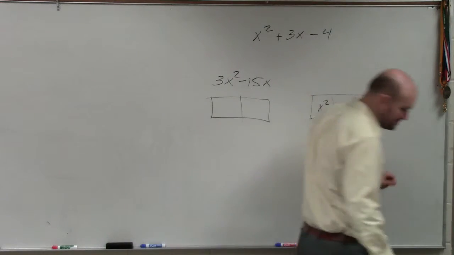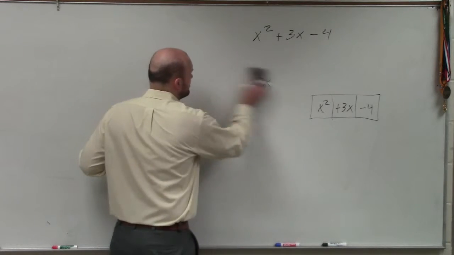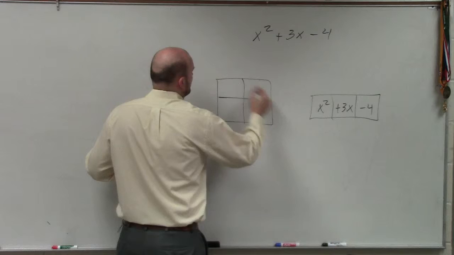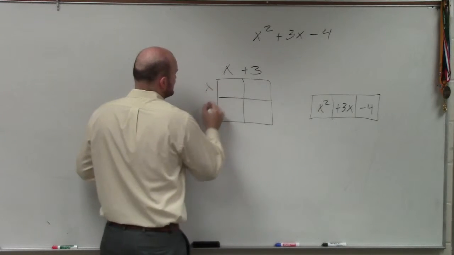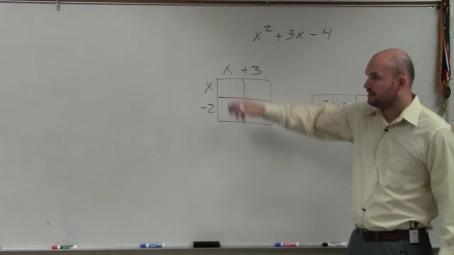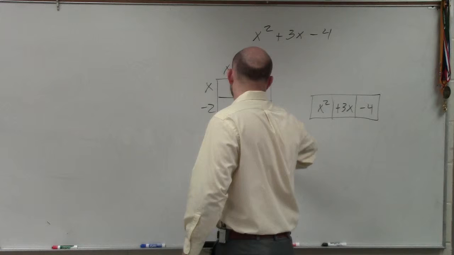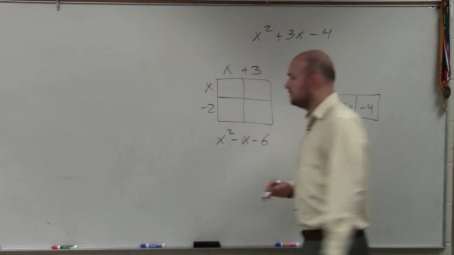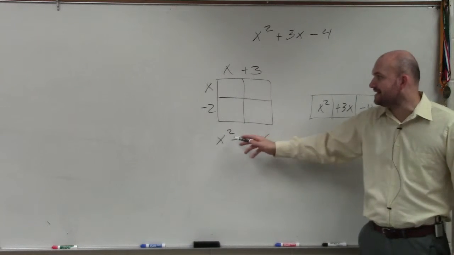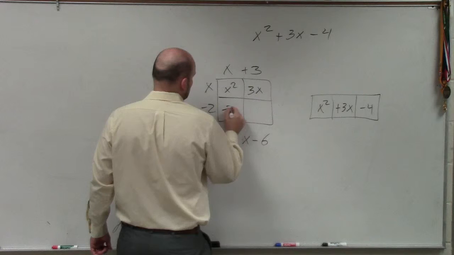So what we're going to want to do when we're factoring trinomials, if you remember when we were multiplying binomials, like x plus 3 times x minus 2, when you multiply a binomial times a binomial, the product ended up giving us a trinomial.